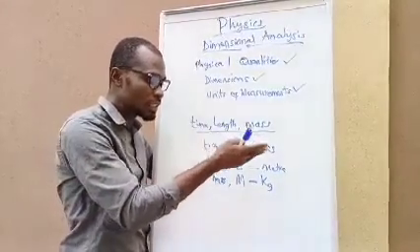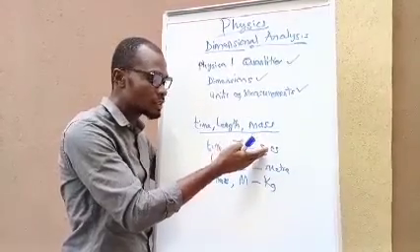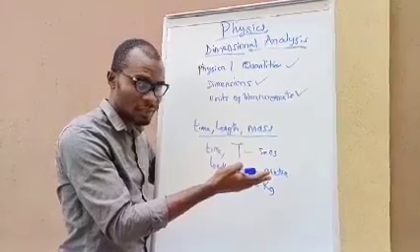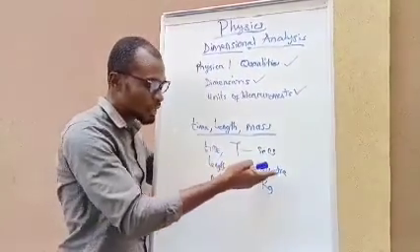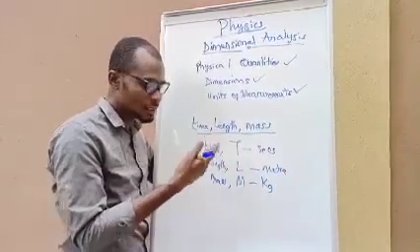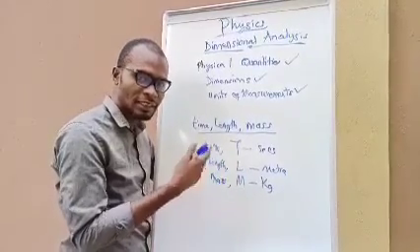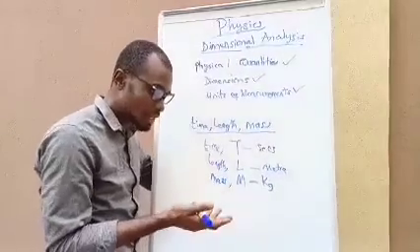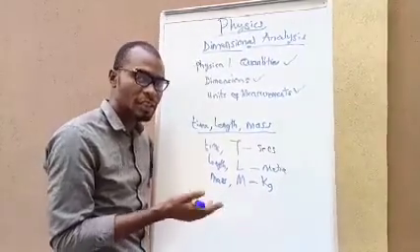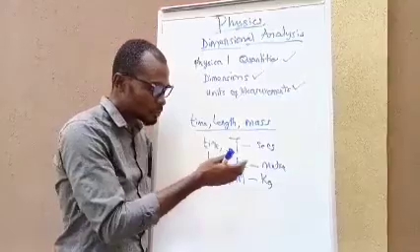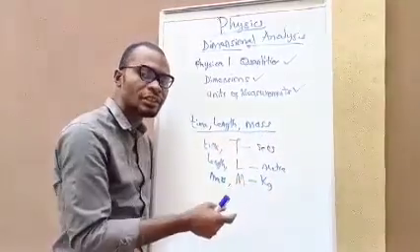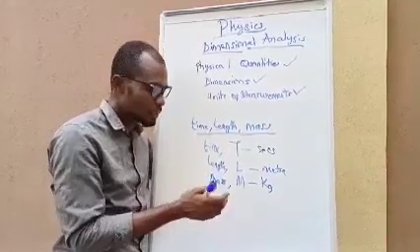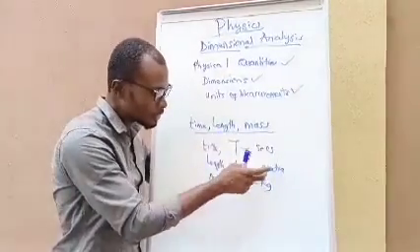There are minutes, hours, days, months, and years. For length you have meter, kilometer, centimeter, millimeter, decimeter, and the likes. For mass you have centigram, milligram, decigram, kilogram, and what have you. But we're going to be working with the SI unit, which is the international unit widely accepted all over the world. So these are the various units of measurement.